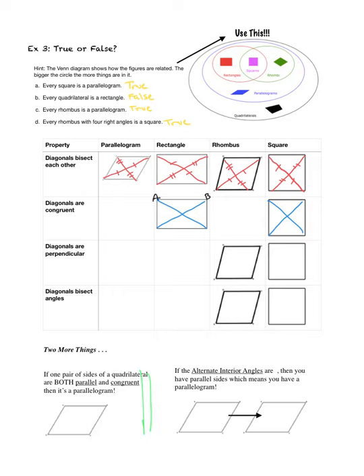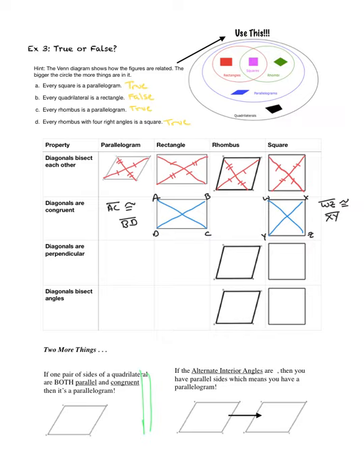A, B, C, D. And W, X, Y, Z. So in the rectangle, we know AC is congruent to BD. And WZ is congruent to XY.